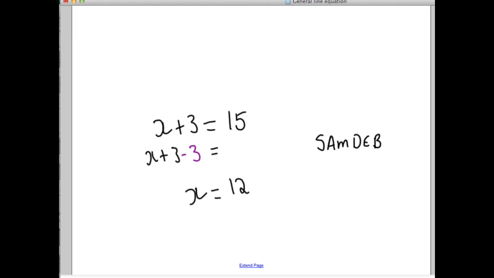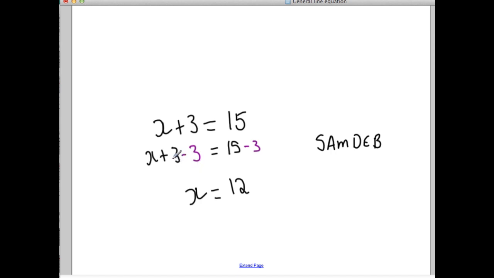And there's the old adage, or the old saying, what I do to one side of my equal sign, I need to make sure that I'm doing that to the other side as well. So the reason for that is I need to make sure that my equation is balanced, and that means that if I've done something over here, I need to do the same thing here.